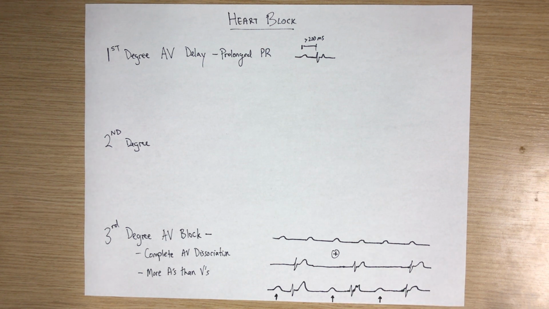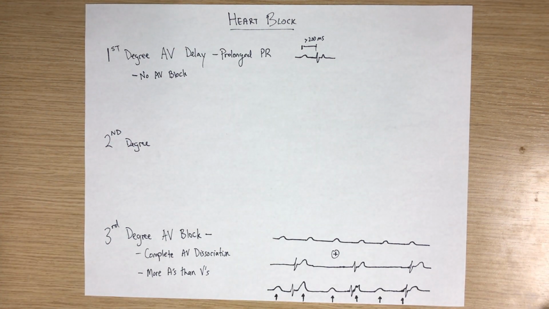And sometimes the P waves are partially visible because they're buried inside the T wave or buried inside the QRS complex, or sometimes they're not visible at all depending on where they are. So third degree AV block is complete AV dissociation where nothing is getting through. First degree AV delay is a delay only, and actually there's no AV block, everything is getting through.